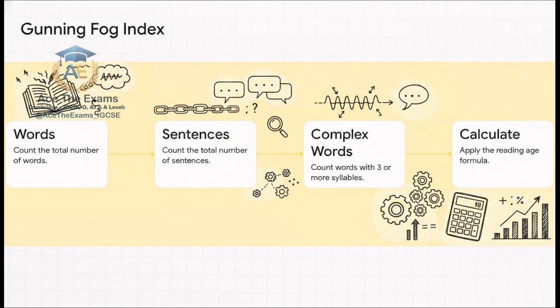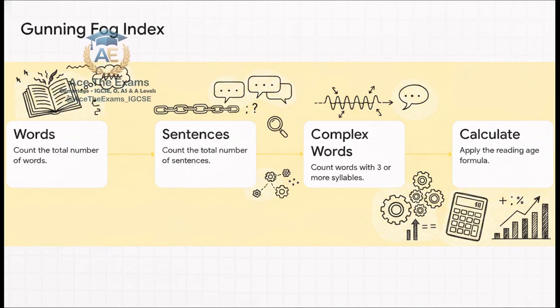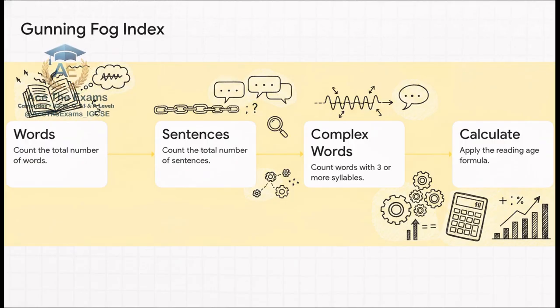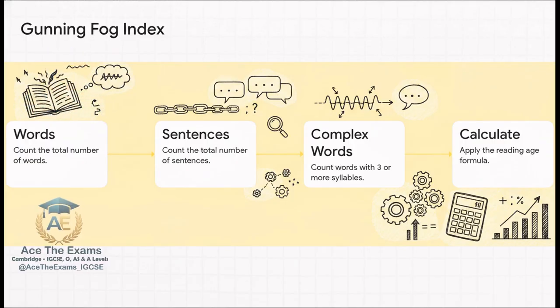First, you extract the total number of words, then the total number of sentences, and finally, the number of complex words, which are defined as words with 3 or more syllables. You plug those variables into the specific formula you see here, and boom, it spits out an objective, numerical reading age for any article. It's a brilliant example of taking something highly subjective, like the difficulty of a text, and turning it into a concrete, measurable statistical model.